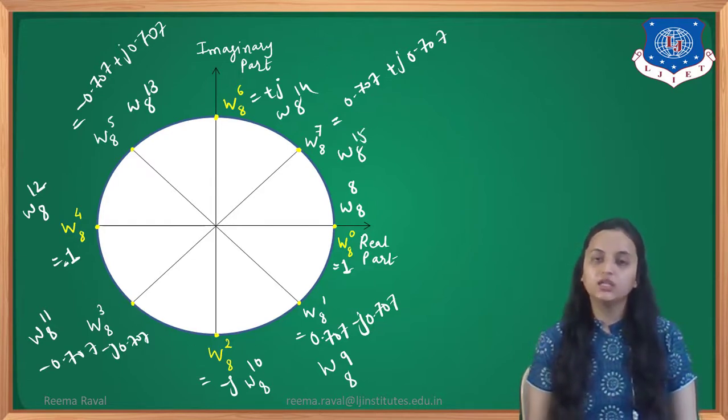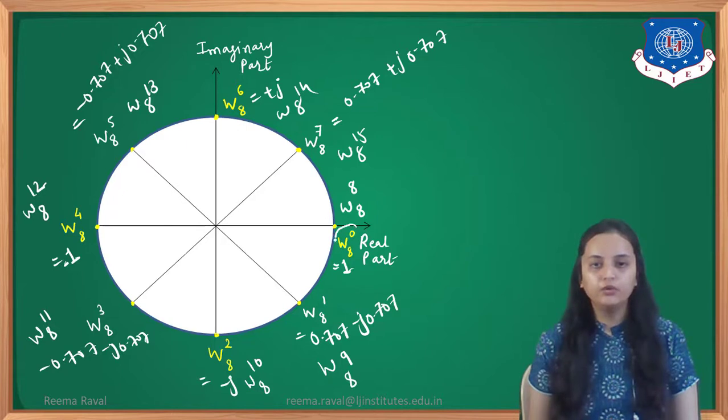That means for another circle, that is for the 16-point DFT, this property will remain the same. That is called the cyclic property. Over here, the values of W80 and W88 will be the same, and the exactly opposite values, W84 and W812, will be the same but negative to these values.